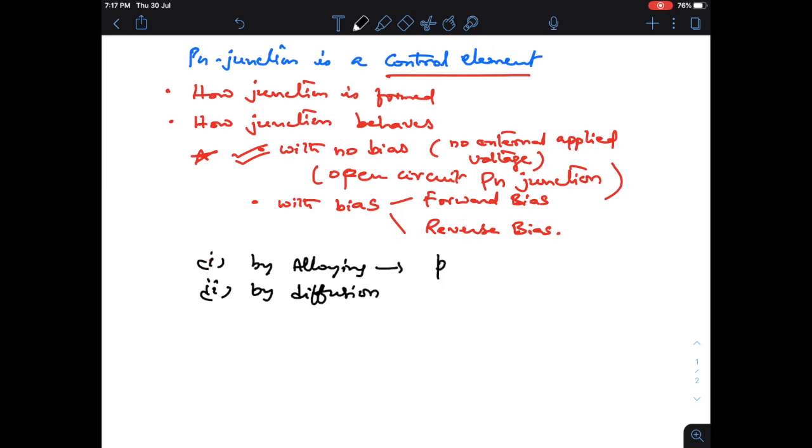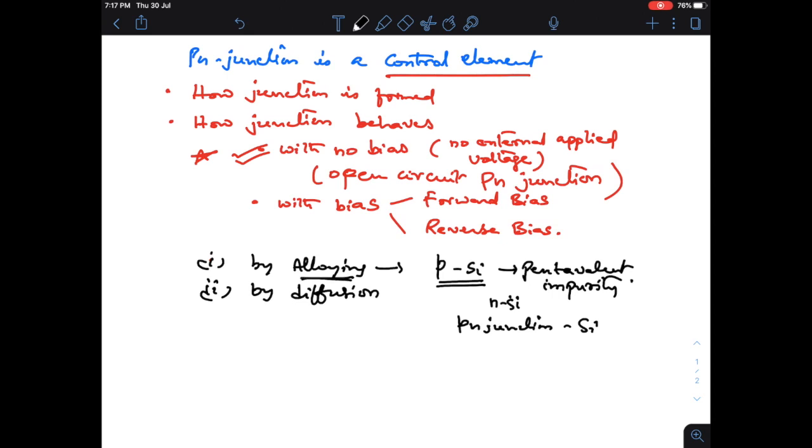Suppose I take a p-type silicon and add a pentavalent impurity. When I add a pentavalent impurity to a p-type silicon, partially I will have n-type silicon, such that a p-n junction of silicon is formed. So, here it is actually alloying.